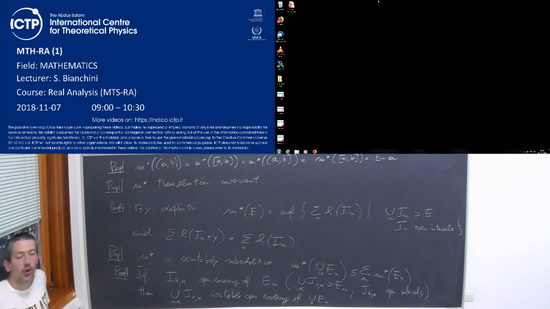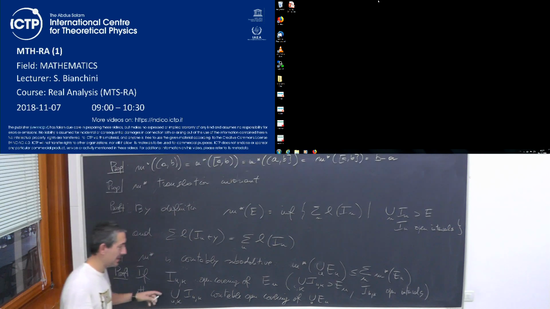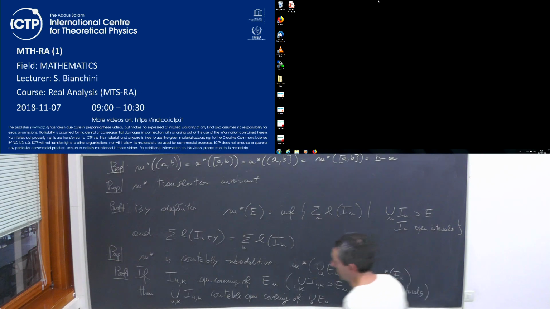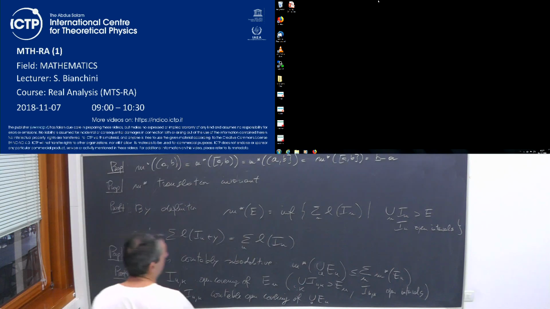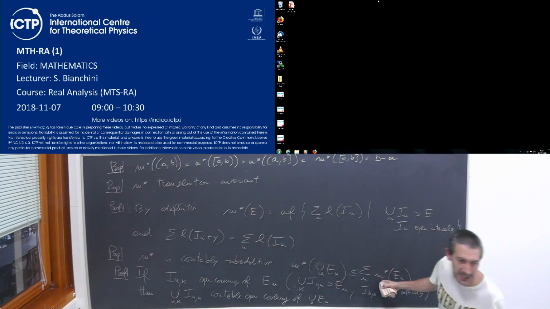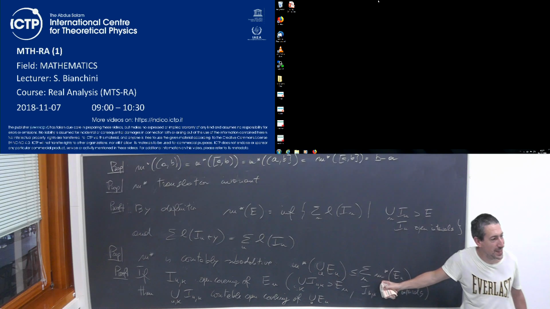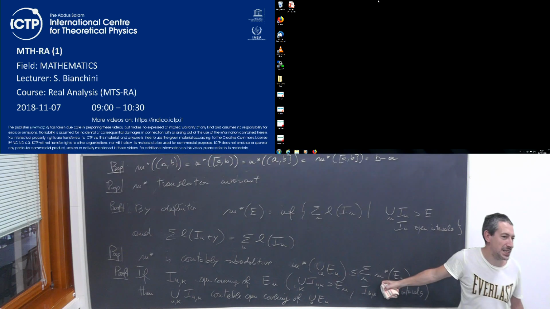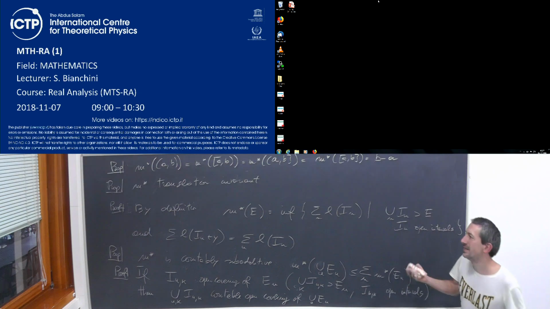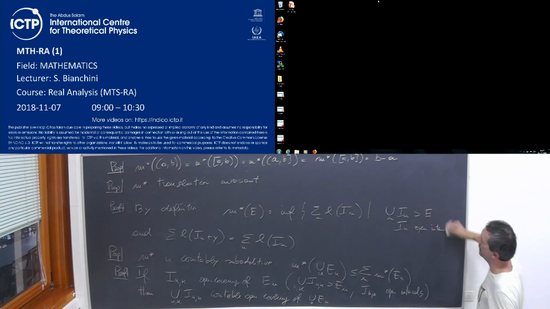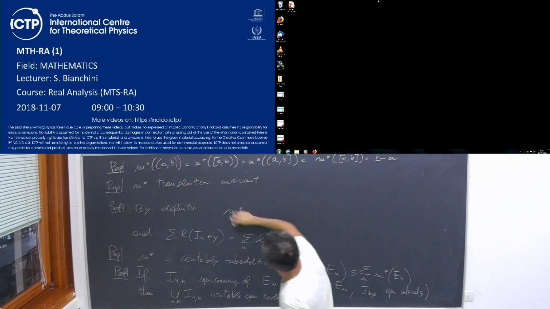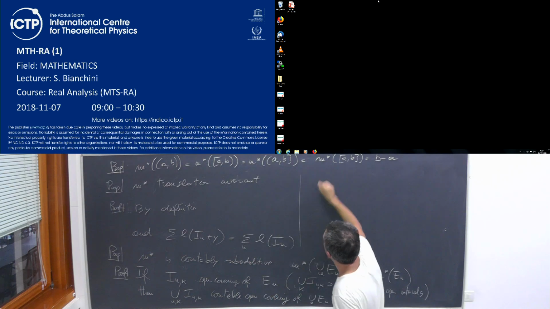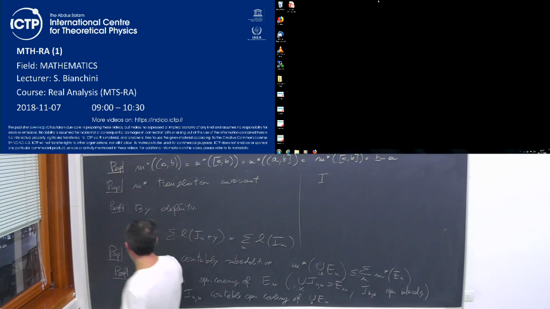How to prove that it holds? Change of summations. Okay, so let's do it. You have first to say that if one of those is plus infinity, there is nothing to prove. Yes. Otherwise, they are finite. So this is the key point.